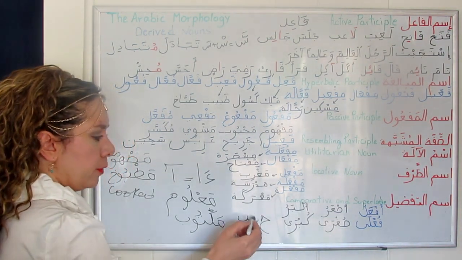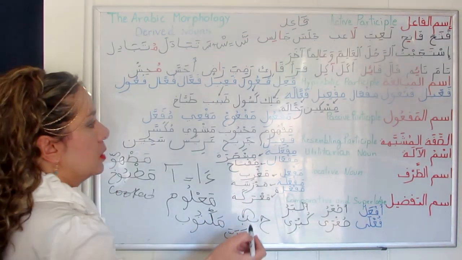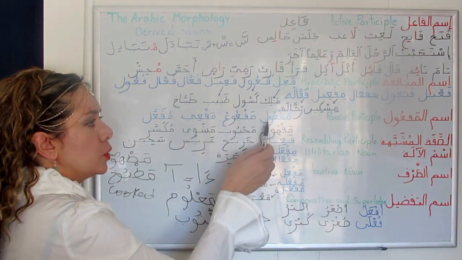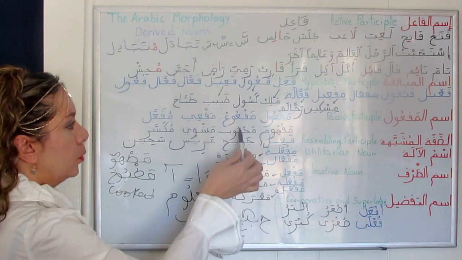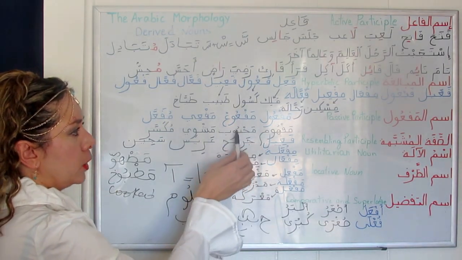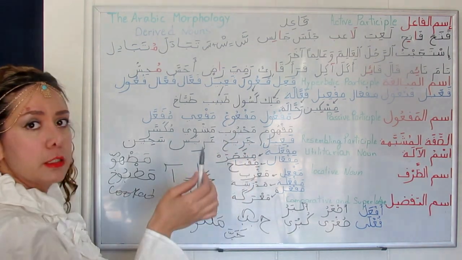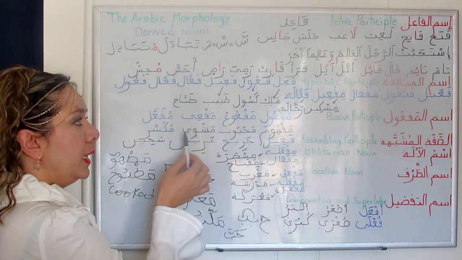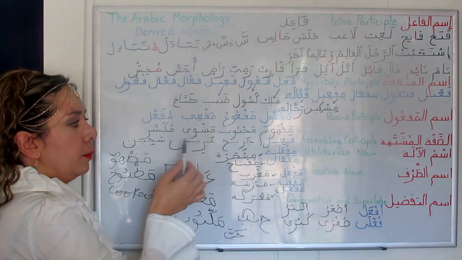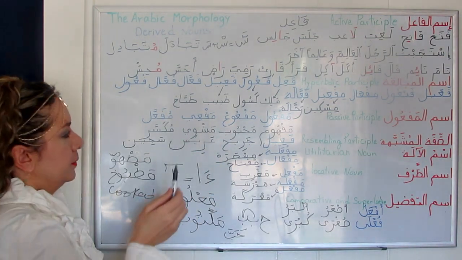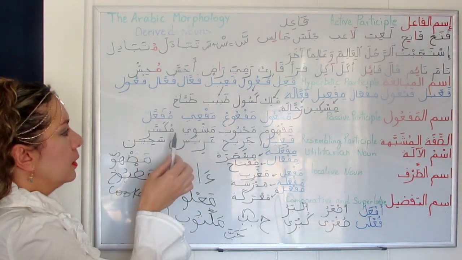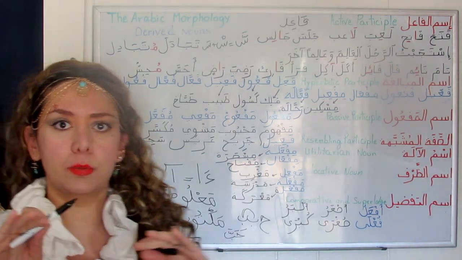We have shadda, we have two same consonants. That's why we didn't use the lam. We said maf'ul because we have the same repeated radical. Mahbub means loved. Mashwi, it means grilled. Mufa'al, mukassar, it means smashed.